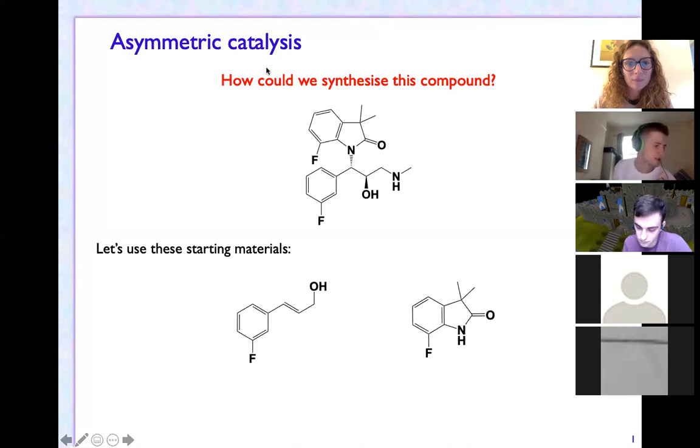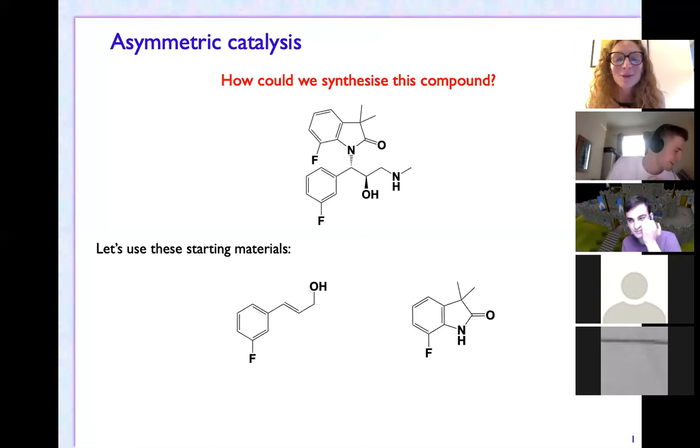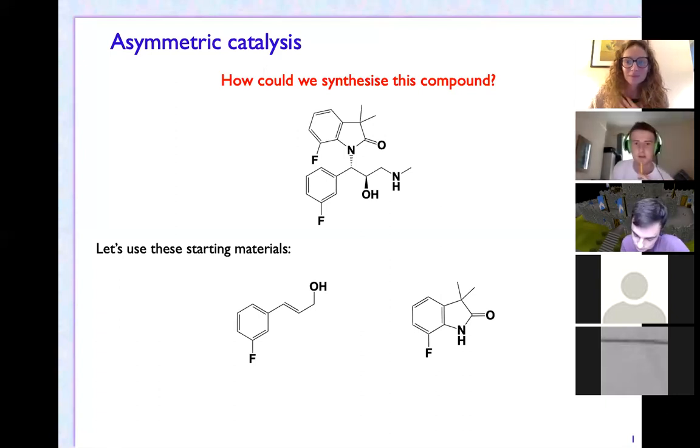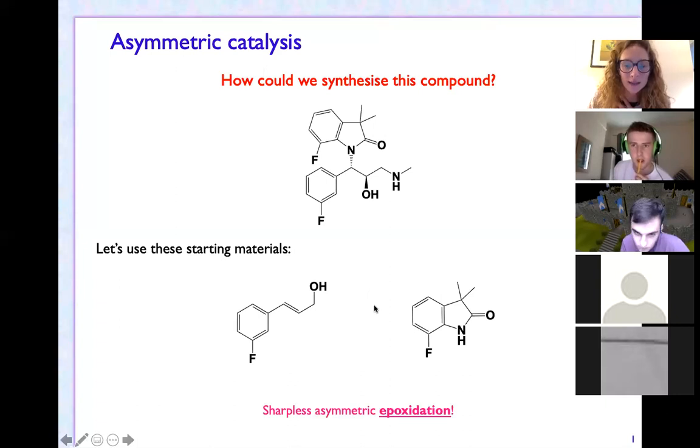Is this the Sharpless asymmetric epoxidation? It is, Will. Excellent. So what do we epoxidize here? You'd want to epoxidize the double bond in the left-hand side molecule. Okay, that's correct. Something to note about this epoxidation is that this specific reaction only works on allylic alcohols.